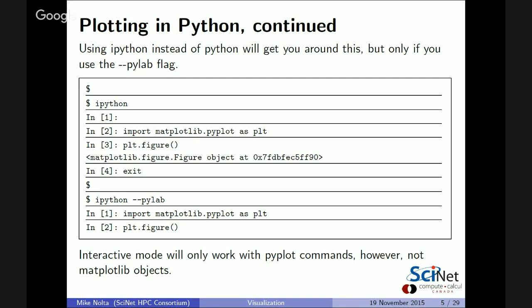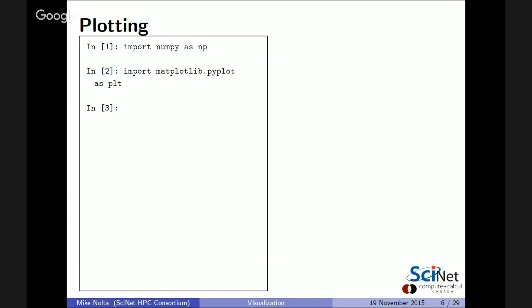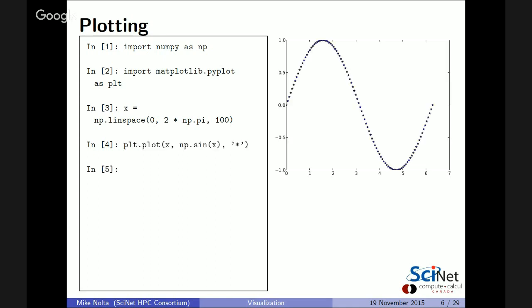Okay, so just a little caveat. Now let's make a plot. This is a little bit of a review because we've made plots before. We're going to import NumPy and then this pyplot package. Make some linearly spaced x data, call sine, and plot it.